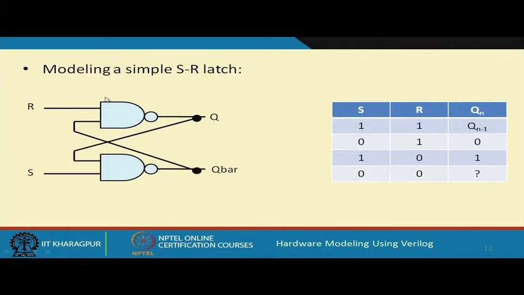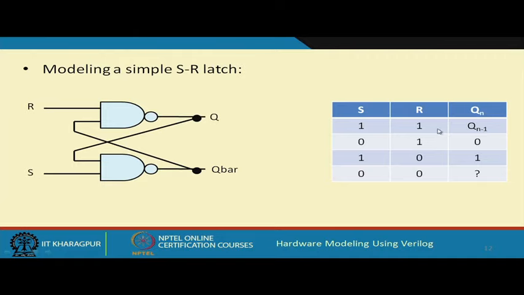Similarly, if you look at a simple RS or SR type latch using cross coupled gates, here I am showing cross coupled NAND gates. A circuit like this has 2 inputs R and S and outputs Q and Q bar. If you again look at the state table, what will happen?